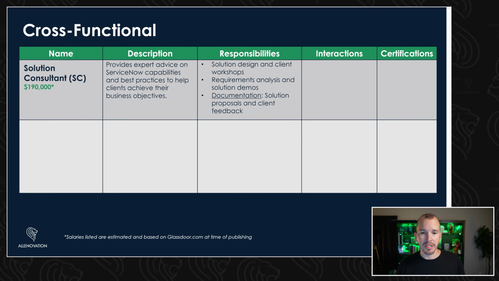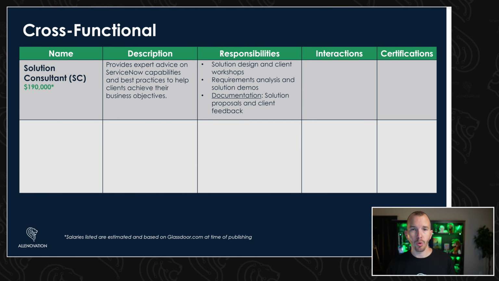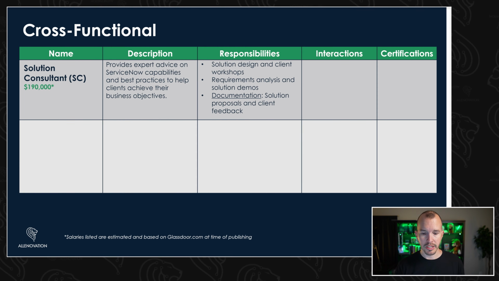And then for documentation, this is really the proposal and client feedback, right? So this is where this solution proposal is a detailed description of how ServiceNow solutions are going to address their needs and meet their requirements, including technical and business aspects.